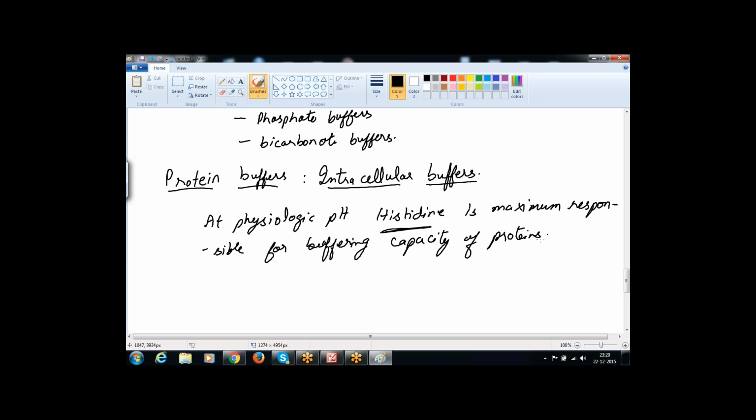At physiologic pH, it is histidine which contributes maximum.